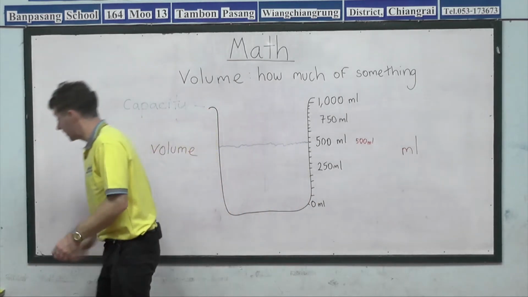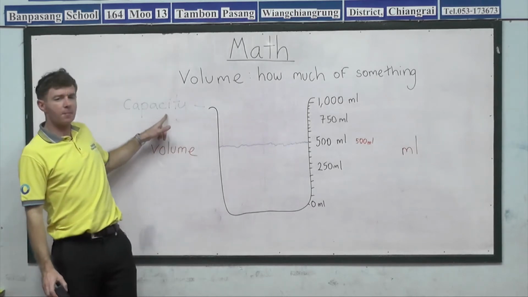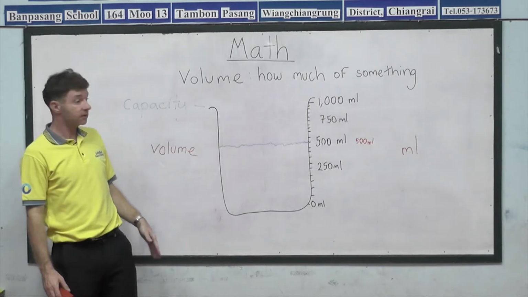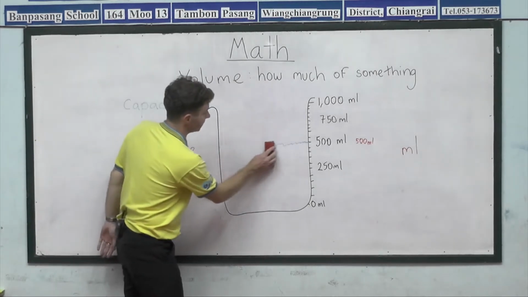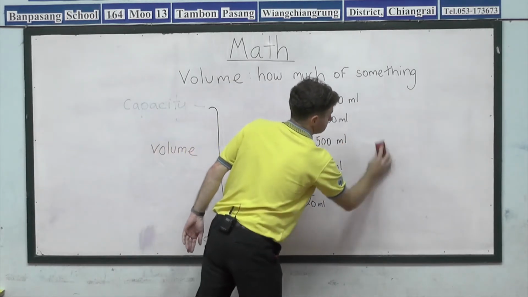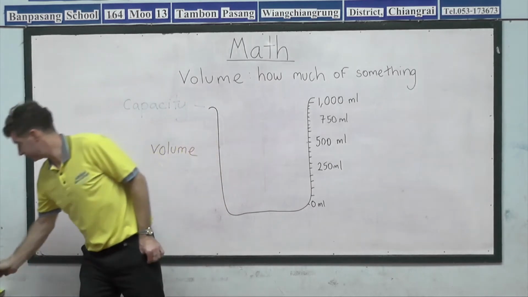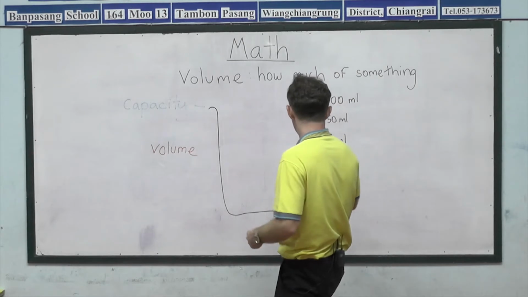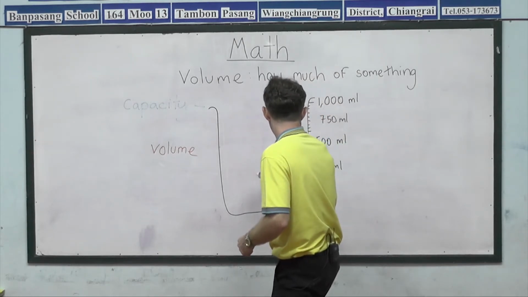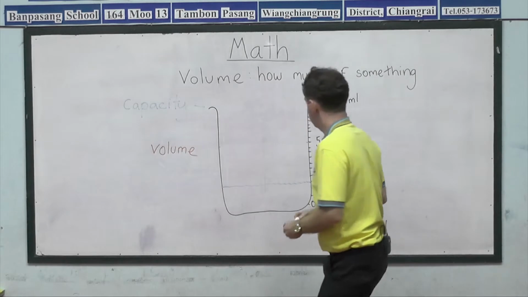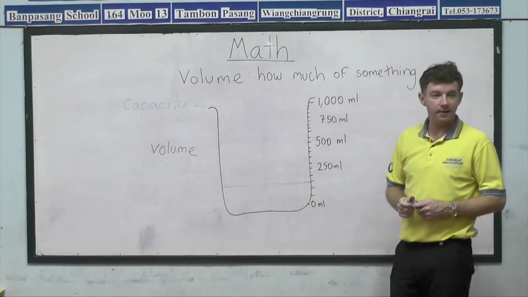But what I've said earlier, does the capacity change? No. Can the volume change? Yes. Yes, depending on the level of liquids in the container. So let's try another one. Let's see. This time we will have, okay, let's have a look.